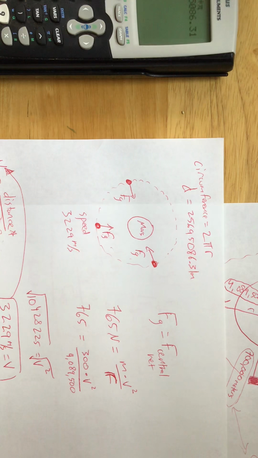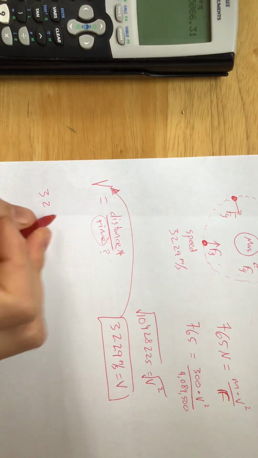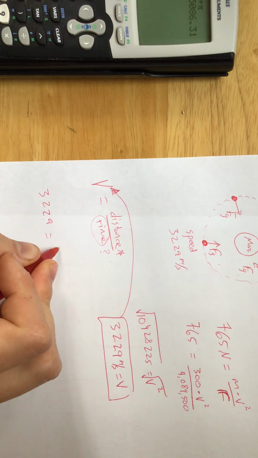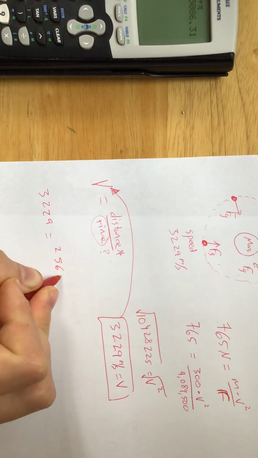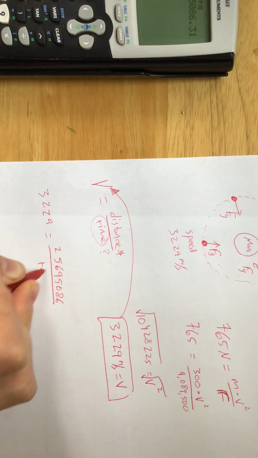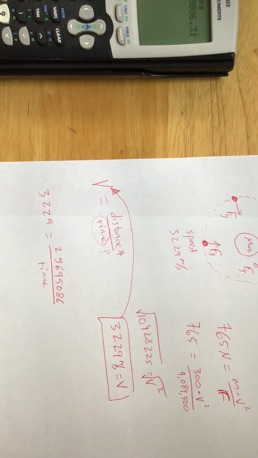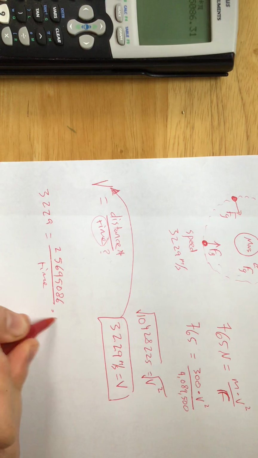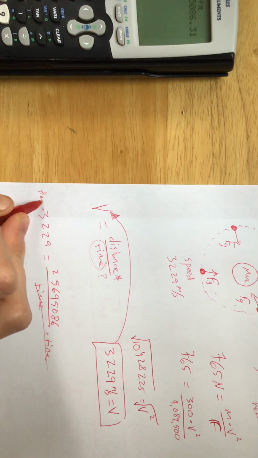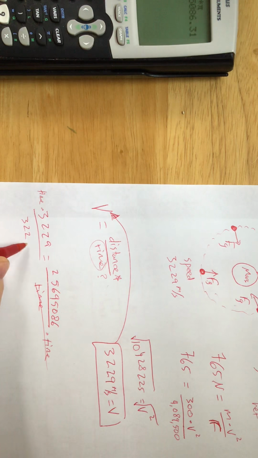So I'll say 3,229, which is the velocity, is equal to that value that I just got for the circumference divided by the time. And now I have to solve for the time. Multiply both sides by time. Divide by 3,229.